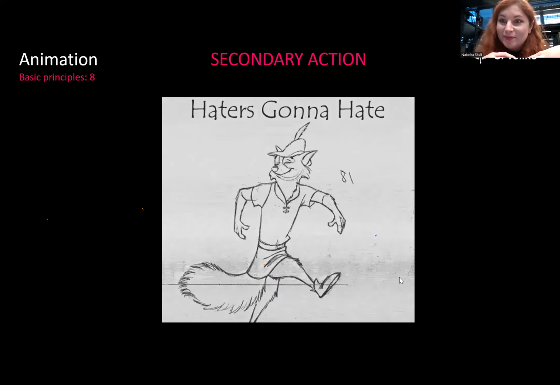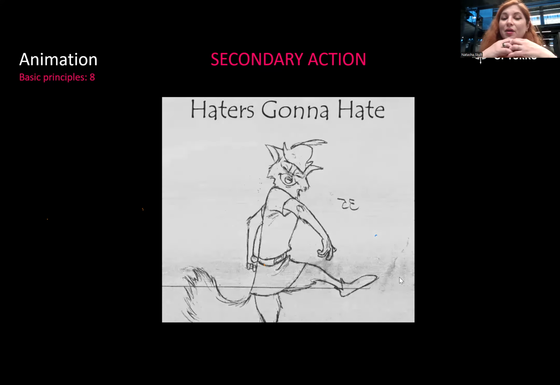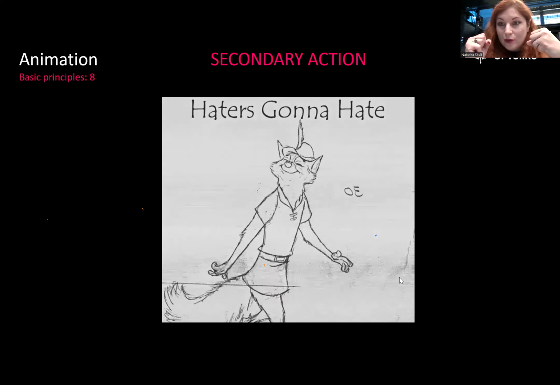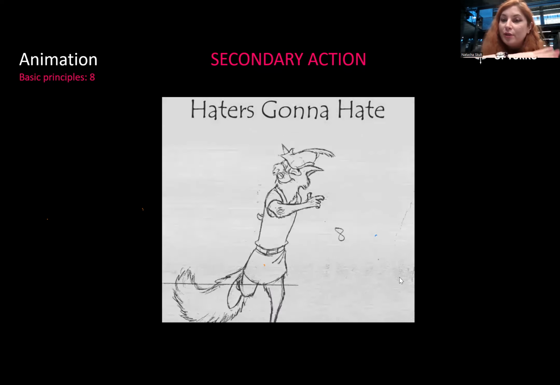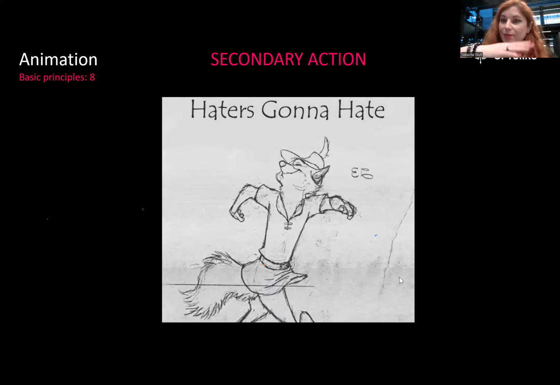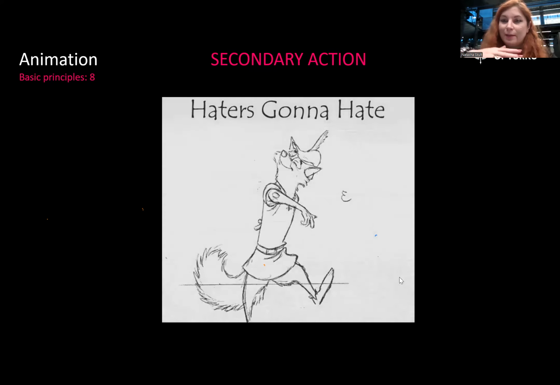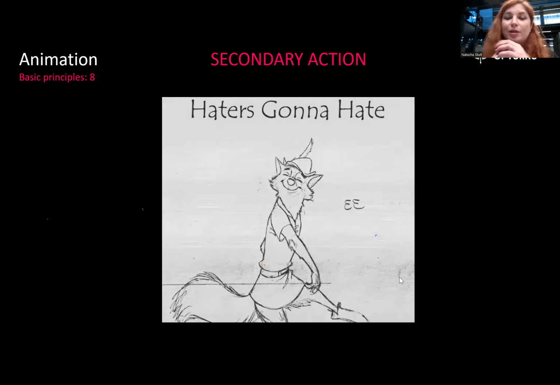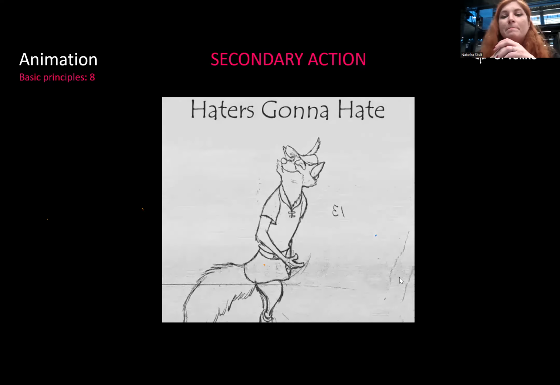And then we have follow through and generally overlapping ones. Follow through is with the tail. It follows the bounce. It follows what's happening there. Could be even a bit of dragging at the end, especially as it's going to end the animation. Now this is looping, so it doesn't matter.